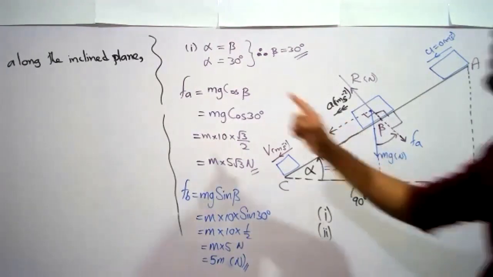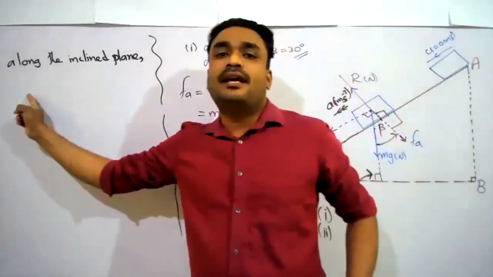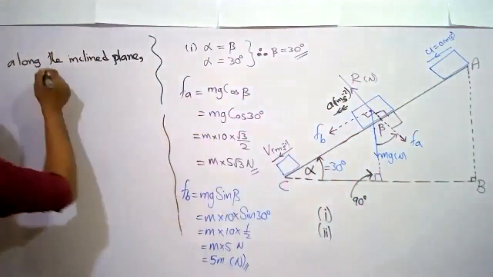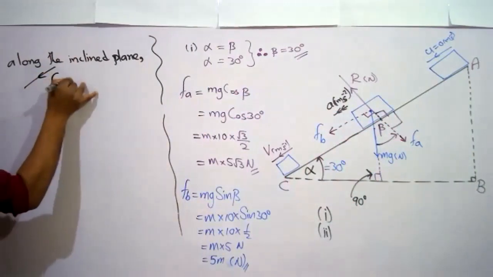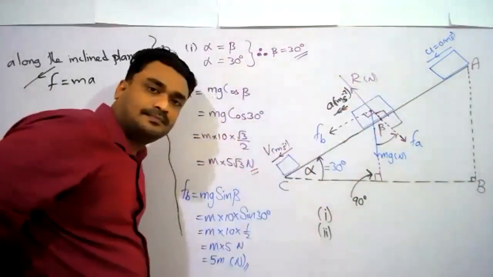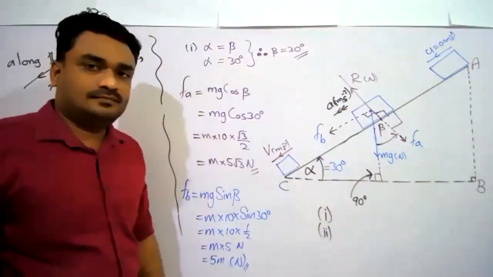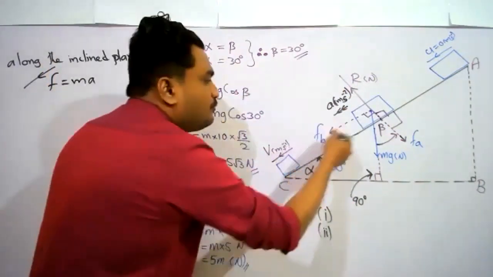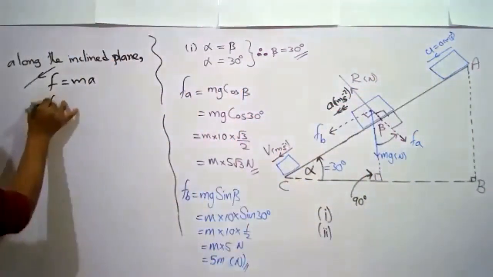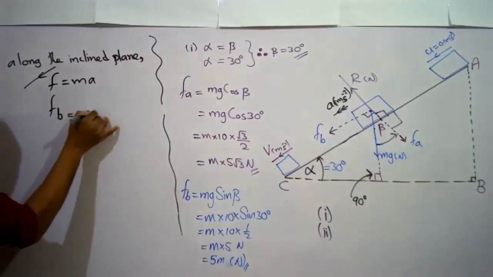We should apply F equals ma along the inclined plane, in this direction. What is the only force acting along the inclined plane? FB, sir. Yes, the only force component acting along the inclined plane is FB. FB equals ma.